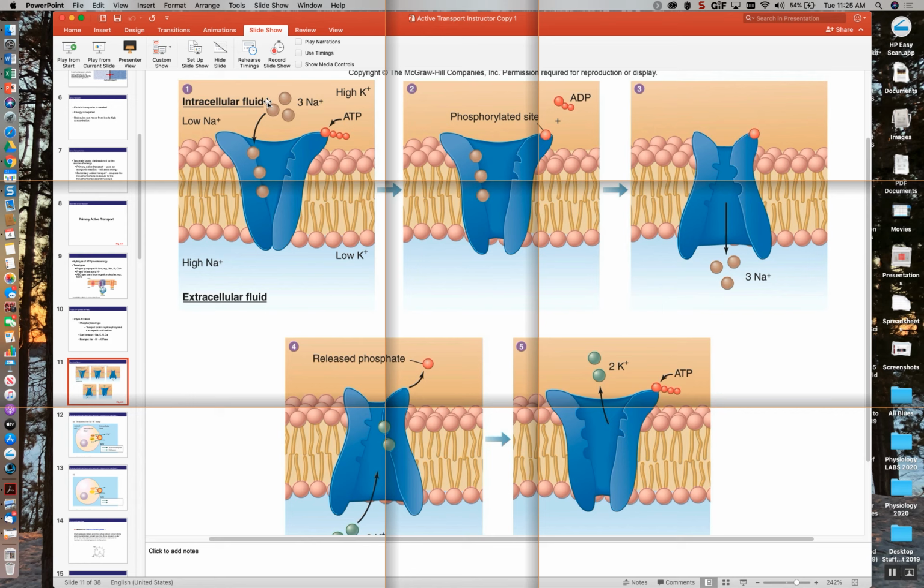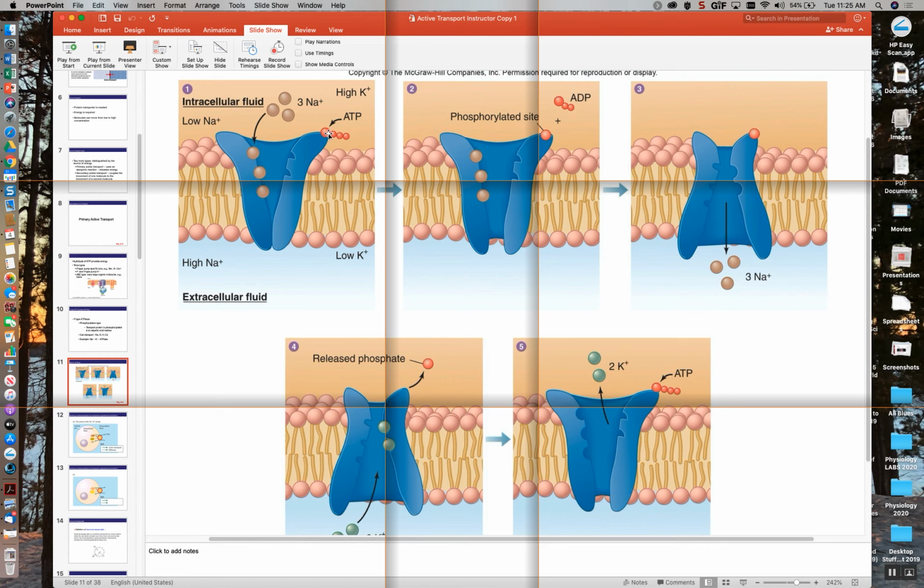So sodium binds to the pump. You can see here ATP attaches. There is a conformational change once ATP is hydrolyzed. You can see here ATP is hydrolyzed to a phosphate group and ADP. There's a conformational change, and sodium is delivered to the extracellular compartment outside the cell.